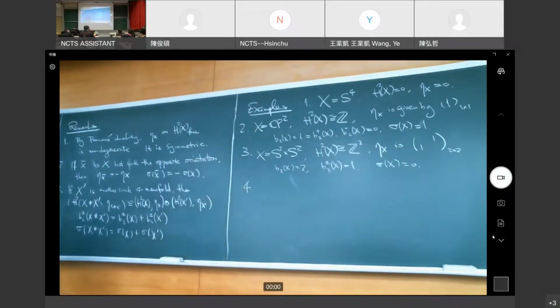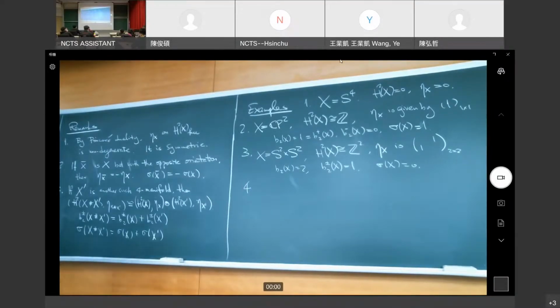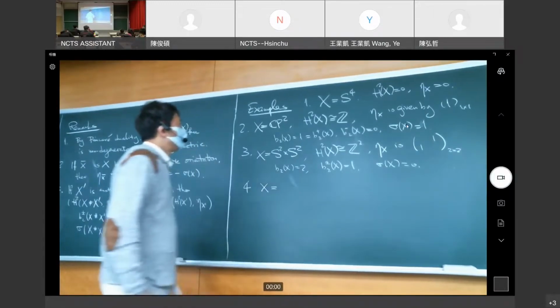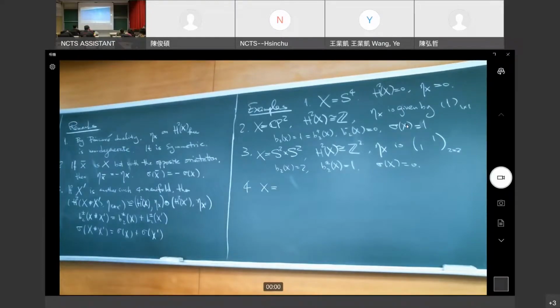The last example, which is still elementary, is that as I said, if we have a few four manifolds, we can take the connected sum.